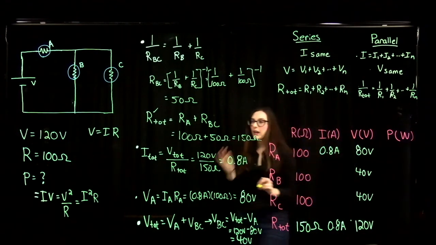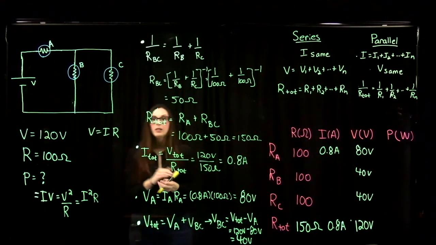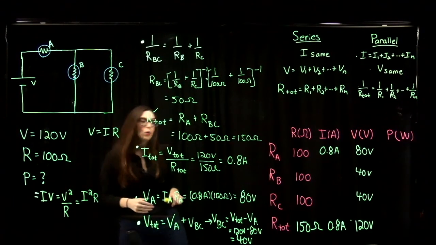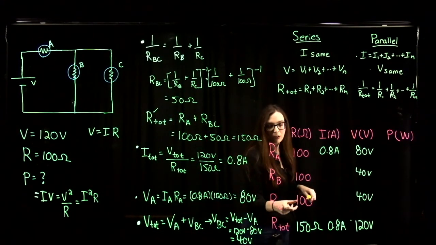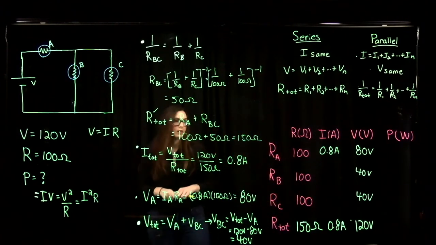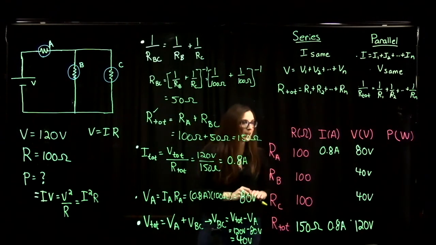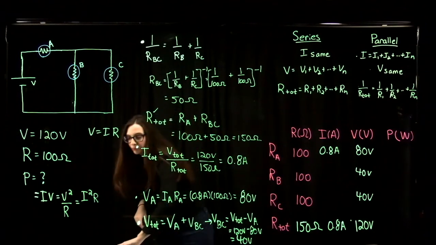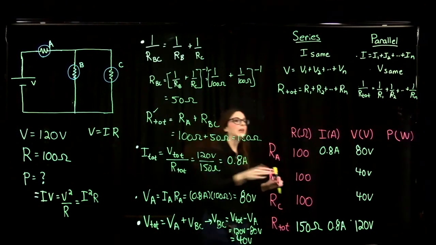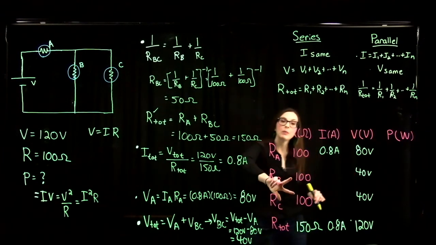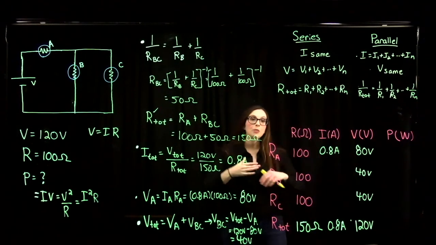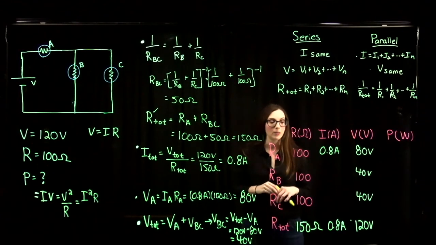Okay, and now I can use Ohm's law, solve it for the current, in order to get the current through resistor B and the current through resistor C, or bulb B and bulb C. They both have the same potential across them, and they both have the same resistance. That means they're both going to have the same current.